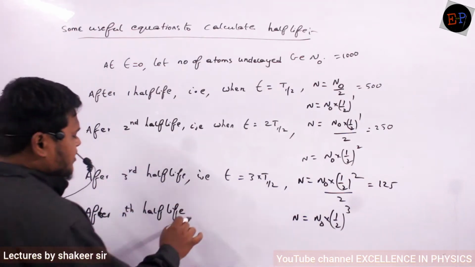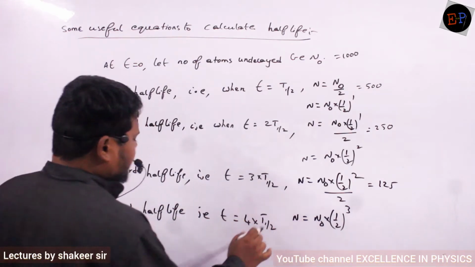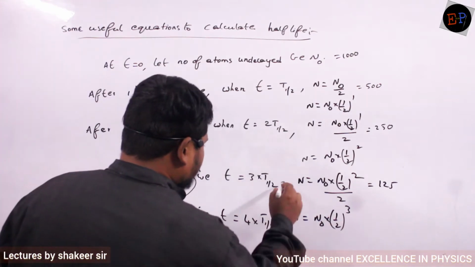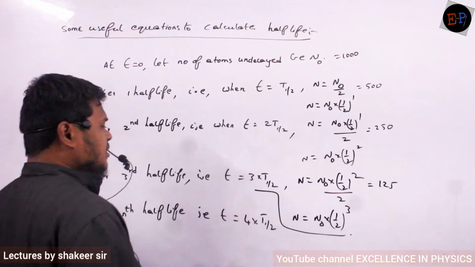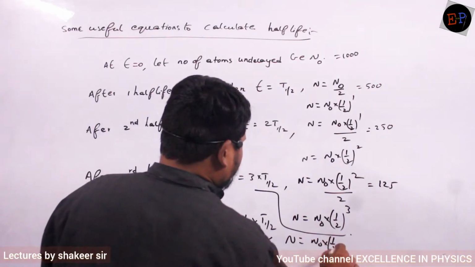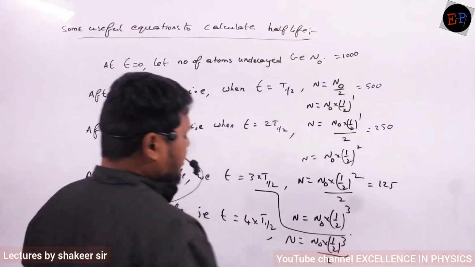how much time is that? Time is equal to 4 into t power 1 by 2. How can I calculate? N is equal to n naught into 1 by 2, whole cube, divided by again 2, again half.